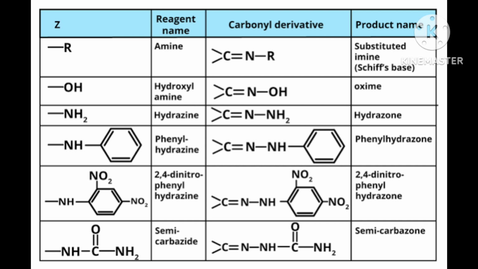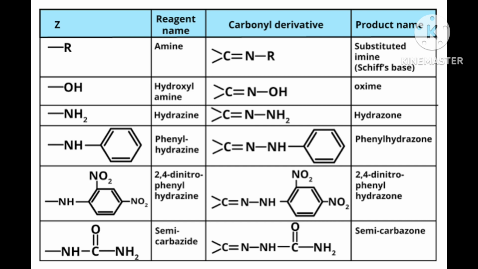For the carbon numbering, you count from the carbon attached to HN: 1, 2, 3, 4. At the fourth carbon, an NO2 group is there, and at carbon number 2, NO2 is there. 2 and 4, NO2 is there, with respect to HN joined with benzene. Then it is called 2,4-dinitrophenylhydrazine.